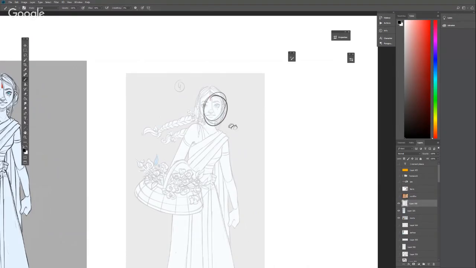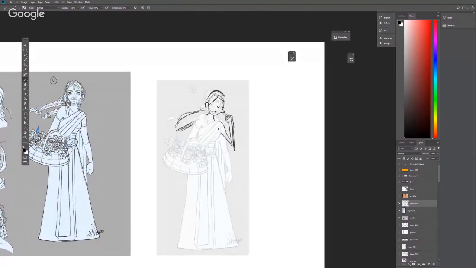So she's holding a flower, doing something. Maybe she's smelling the flower. I think that can help tell a bit more about the character.